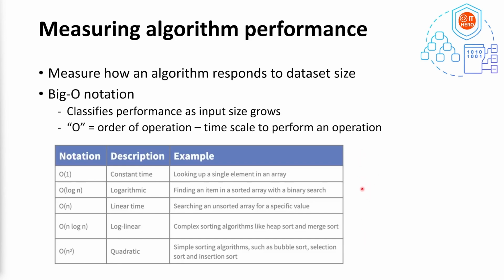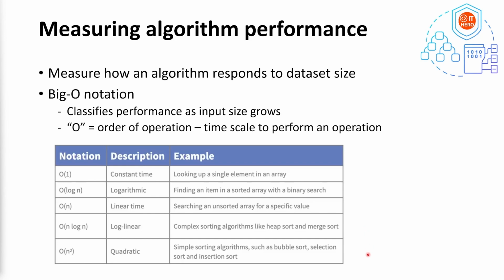For logarithmic time, for example, if we have a sorted array, we can do a binary search. Then we have the linear time. For example, if the input size grows, the time will grow proportionally, linearly. And we have the log-linear time, for example, more complex sorting algorithms like merge sort.